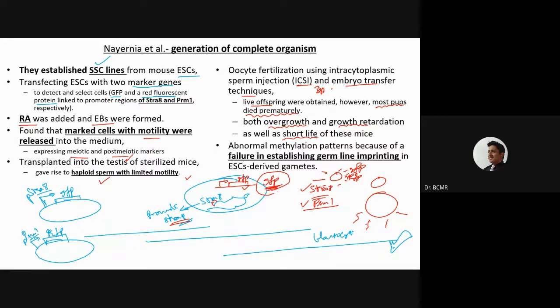The reason for it is probably the abnormal methylation patterns, where there is a failure to establish proper germline imprinting. If you remember the imprinting we discussed in the previous class, in the primordial germ cells there is erasure, mostly as a general model.